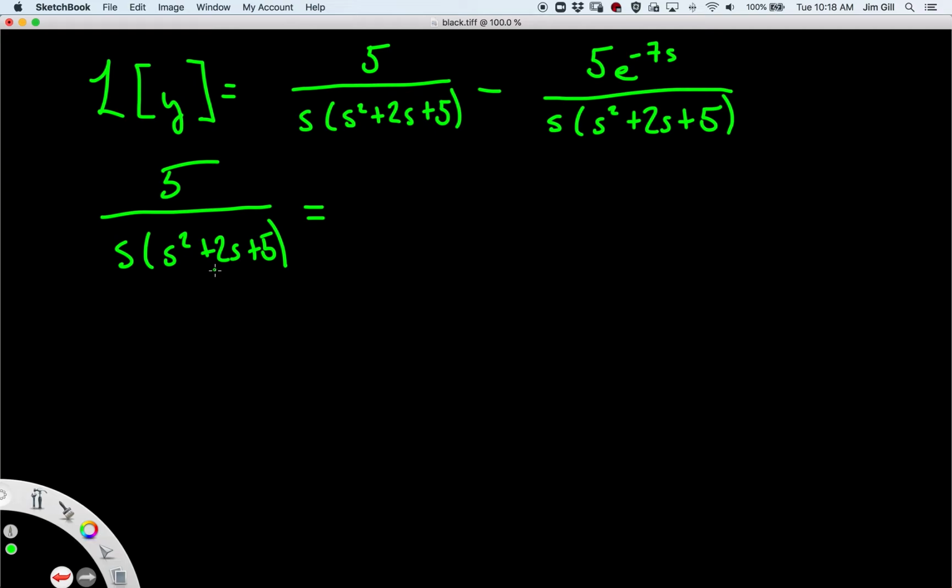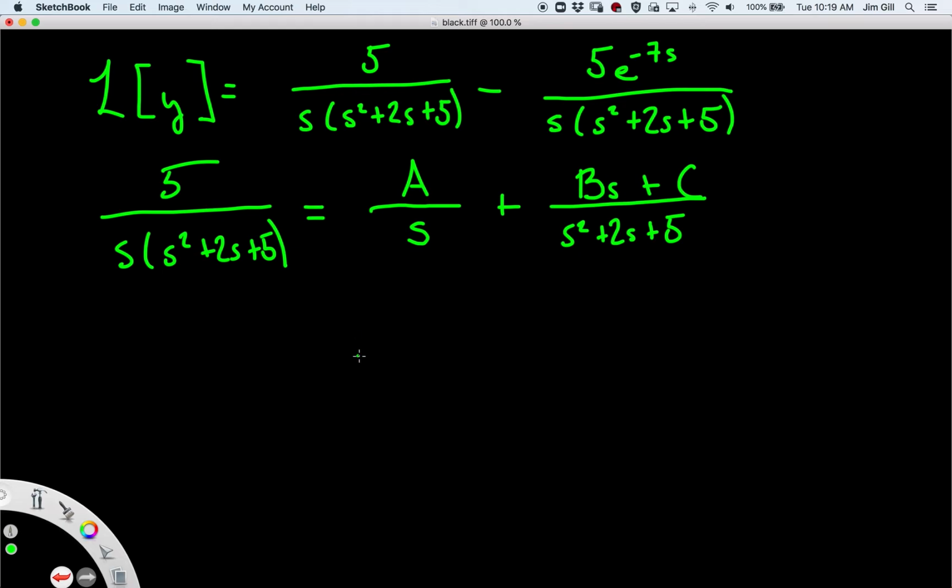So this only has complex solutions, so this cannot factor any further. So we're going to have a term which is like something over s, and we're going to have a term which is like something over s squared plus 2s plus 5. Let's say this is a, and this, we go down in degree 1, bs plus c.